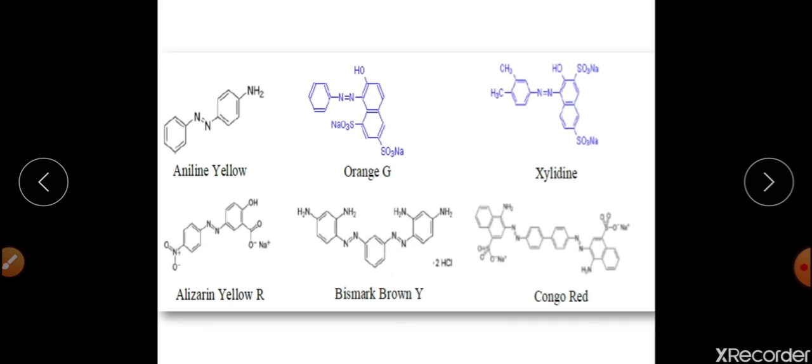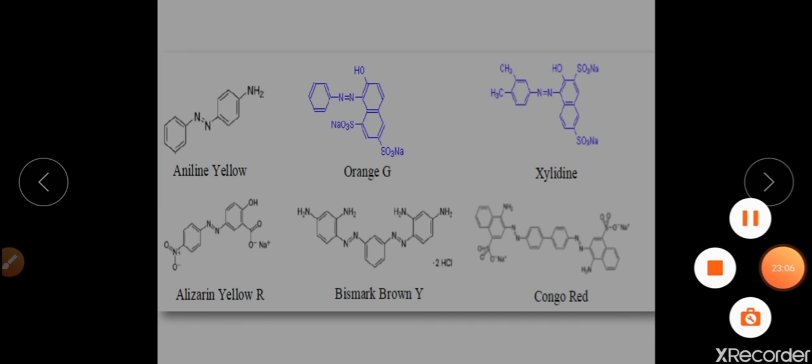Similarly, Bismarck brown Y has been synthesized, and similarly the Congo red has been synthesized in dye chemistry by using the diazonium coupling reaction. So synthetically this is a very important reaction, because the dye industries are basically based on the diazonium coupling reaction.